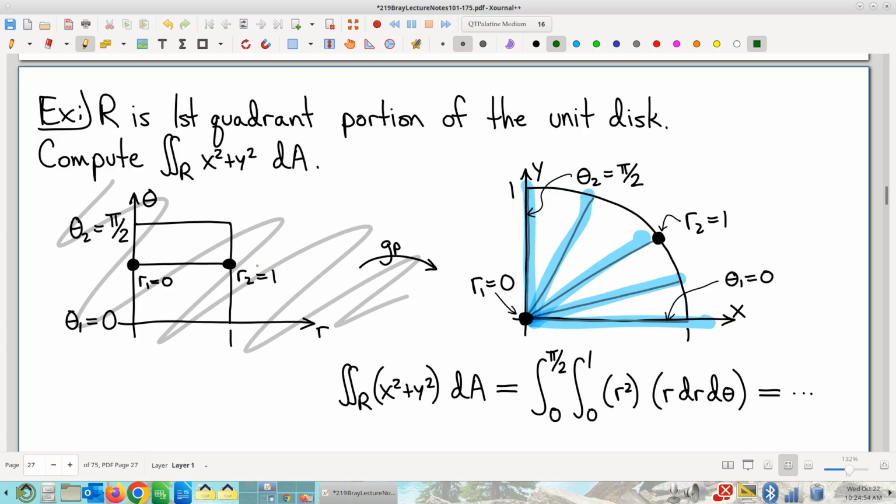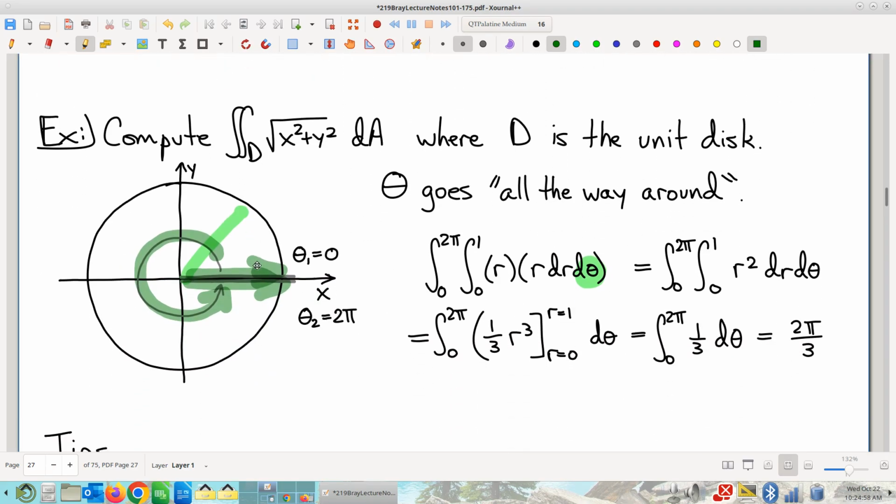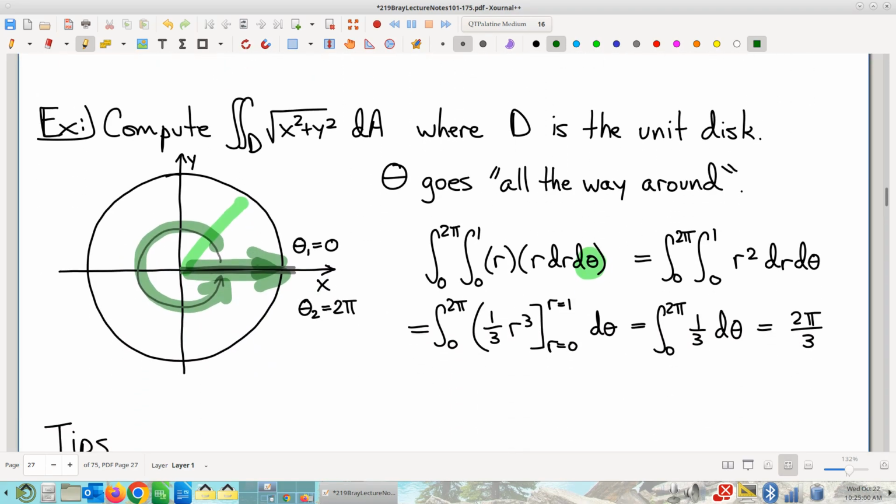It seems a little weird until you think about it this way, and then it's perfectly natural. So our theta bounds are 0 to 2 pi. By the way, a good general rule: when your domain, loosely speaking, goes all the way around the origin, it's always going to be the same bounds for theta, always 0 to 2 pi. So it's a nice little thing to remember.